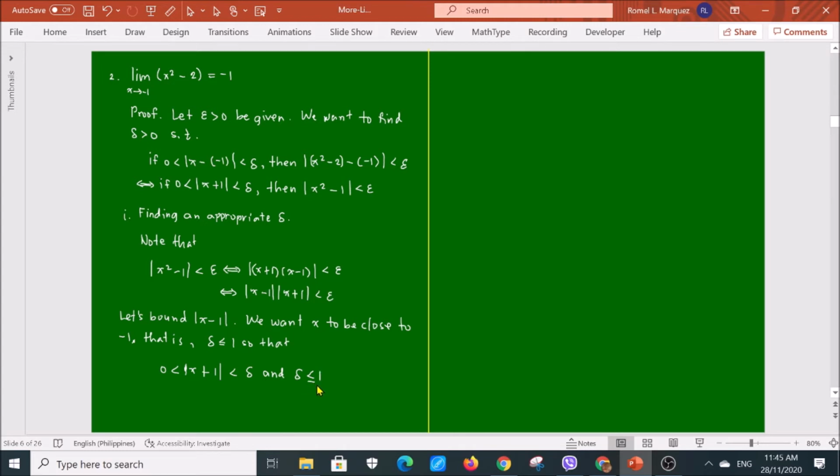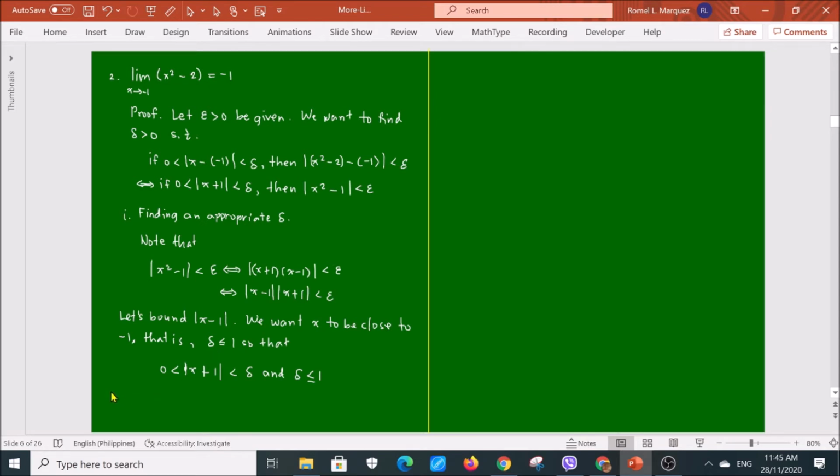So we're trying to find an equivalent to this so that I can maintain x minus 1 and have a value of epsilon in terms of delta, because that's our goal. So how to find a replacement to x plus 1? Let's see.